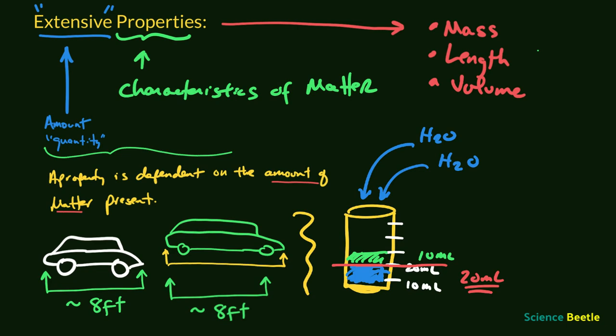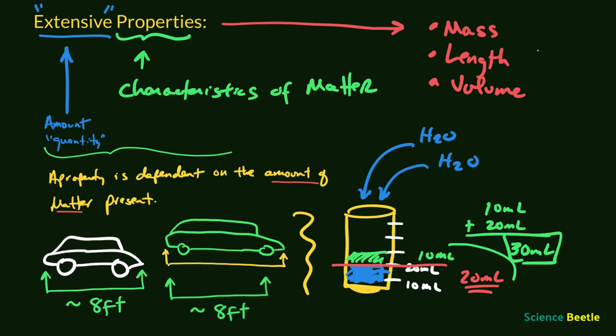So when I consider the overall total volume, that would be essentially 10 milliliters plus the 20 milliliters that we had there, giving me a total of 30 milliliters. So again, here you see that if we increase the amount of sample that we have, the amount of matter that is present, the measurement of the volume is also going to increase.